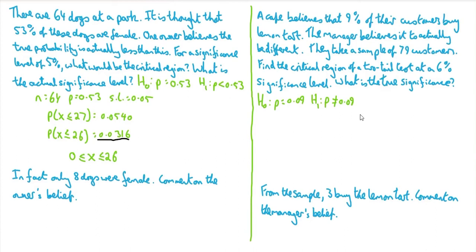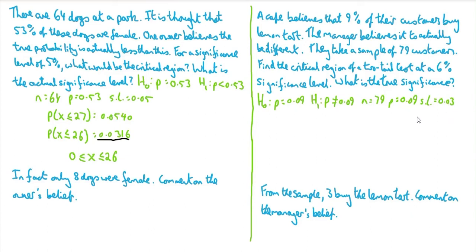With this, we can then specify our n, p, and significance level. So for n, that's going to be your 79, your p, that 0.09 from before, and then the significance level, because it's a two-tailed test, once again we're going to have to halve this percentage here, so it's going to be 3% or 0.03 in either tail.